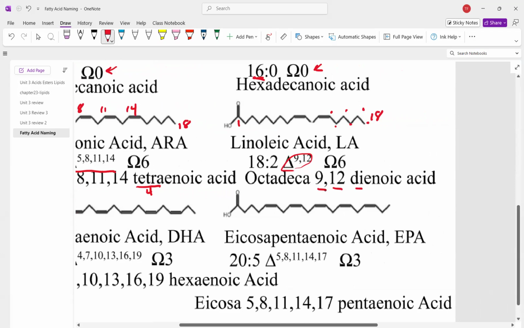Or if it was a sodium salt, which we made 2 weeks ago when we made soap, that would be octadecy 9, 12 dienoate. So potassium or sodium hydroxides are salts. They're also esters.